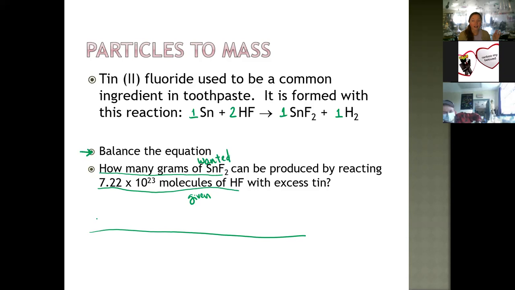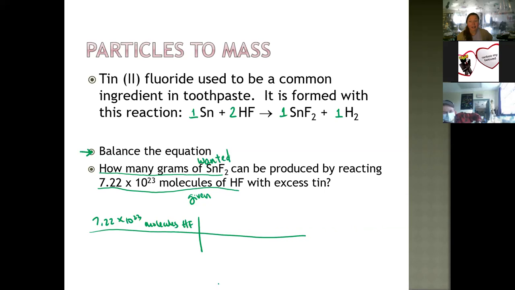Always start with the given or the wanted. Start with a given, exactly. 7.22 times 10 to the 23rd molecules of HF.